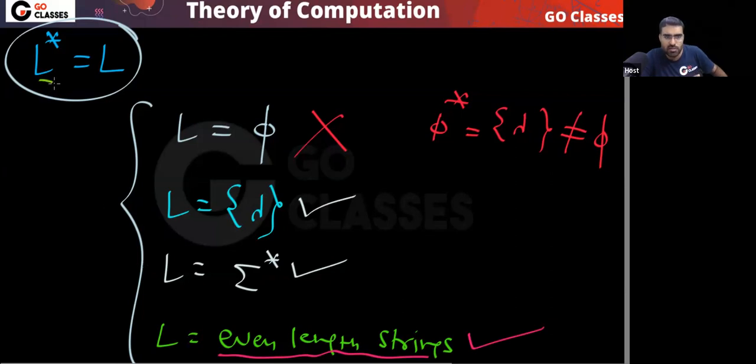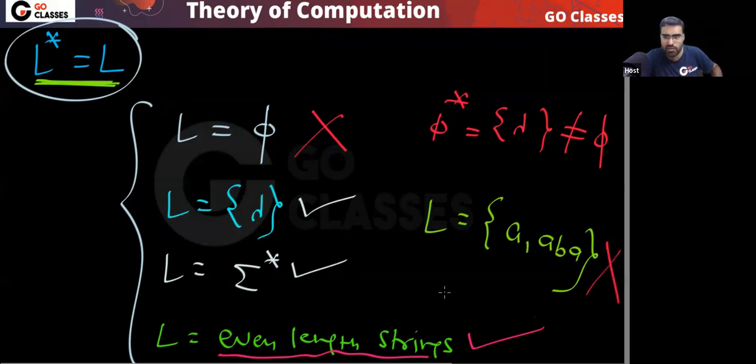So you can notice this will happen for these languages. What about this language, A, ABA? Will L star be equal to L for this language? No, this will not happen for this language. Okay, very simple.